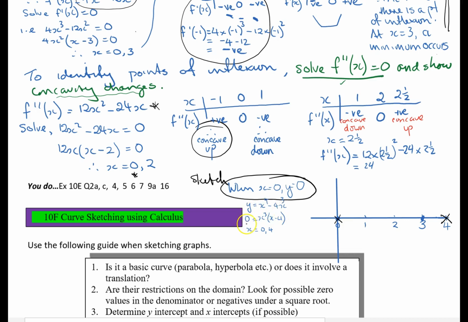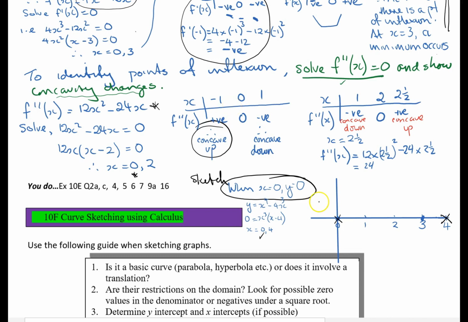To find where it cuts the x-axis, or if it cuts it any more, let's solve our original function equal to 0. Y is 0 all along the x-axis. Factorising again, you get 0 and 4. So we had the 0, but now the point we didn't have is that the graph cuts back through the x-axis at x is 4. In sketching the graph, remember that at x is equal to 0, we've got a point of inflection.